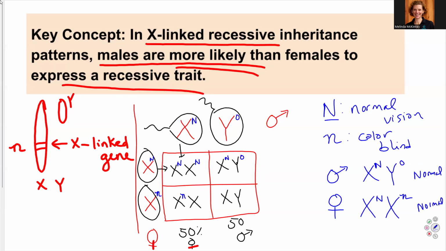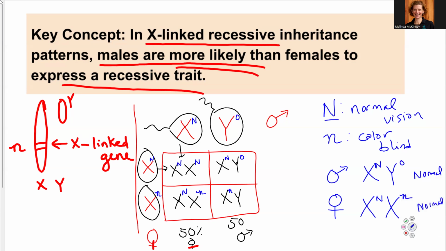And just by convention, we're going to put the dominant allele first. So over here, the capital N first, and then the lowercase n. And then for this one, the lowercase.